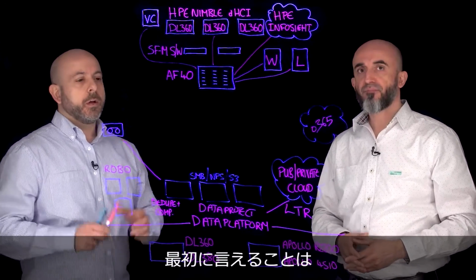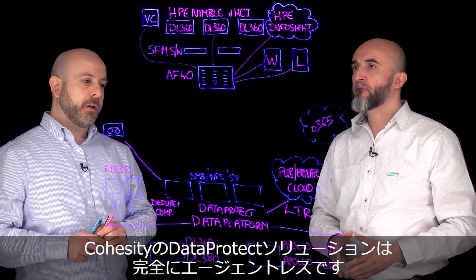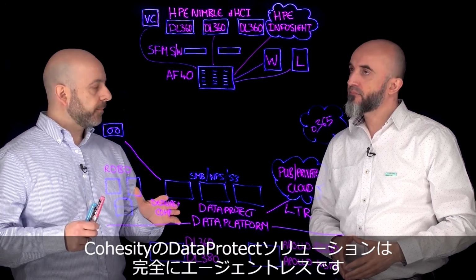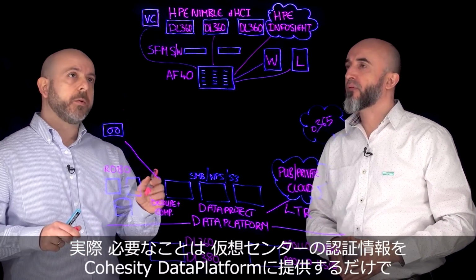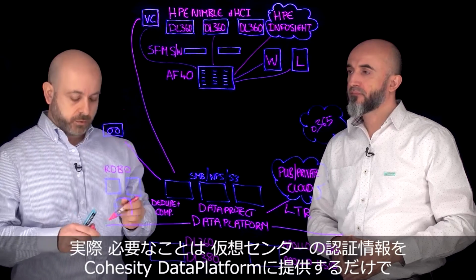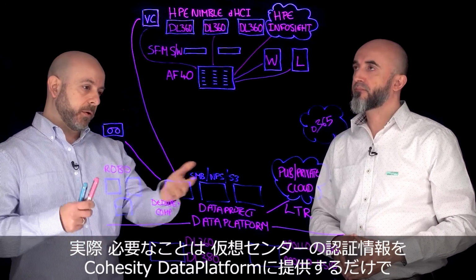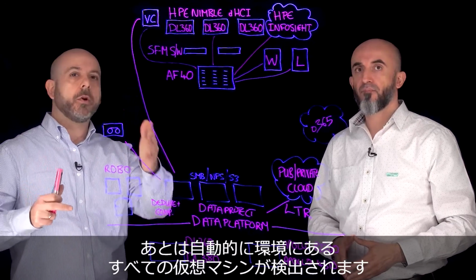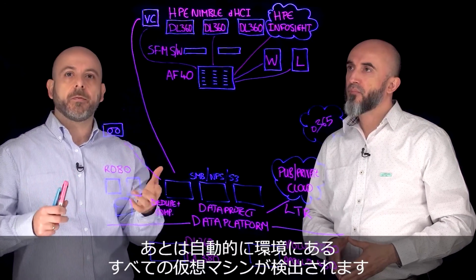Okay, so the first thing to say is that the solution for Cohesity with DataProtect is completely agentless. The only thing we need to do is provide the vCenter credentials into the Cohesity data platform, and it will automatically go out and discover all of the virtual machines that we have in the environment.